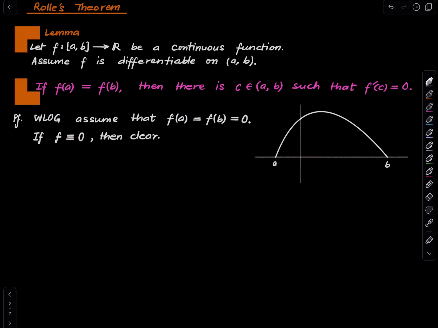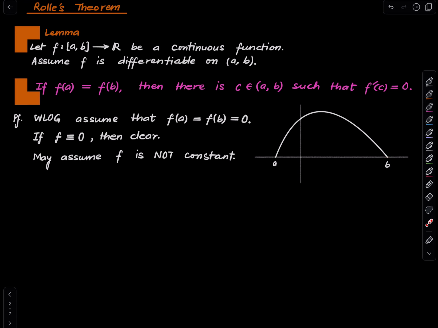So we may assume f is not constant. If f is not constant, it has to deviate from 0 somewhere. It already takes the value 0 at a and b, and if it is not a constant function, it has to take a non-zero value somewhere.